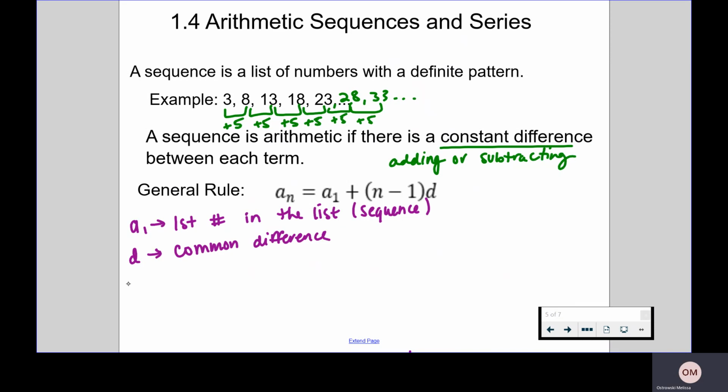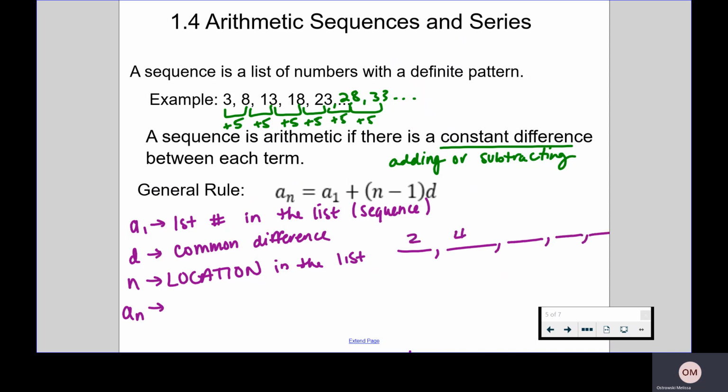And then we've got n and a sub n, and kids always get these backwards. n is the location in the list. Like if we go 2, 4, 6, 8, 10, this would be n equals 1, n equals 2, n equals 3, n equals 4, n equals 5, whereas a sub n is the value of the number in that location.